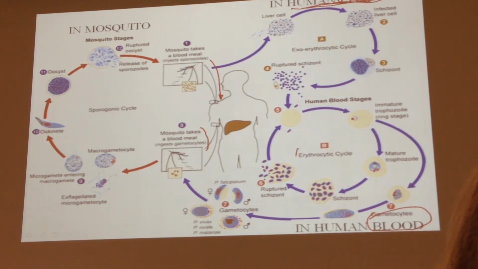So there is a portion of this where the malaria organism lives inside our red blood cells, the erythrocyte cycle. When it's inside those cells, it's protected from our immune system. It's not out there in the fluid portion of the blood where our antibodies are located. It's hiding out in our red blood cells.